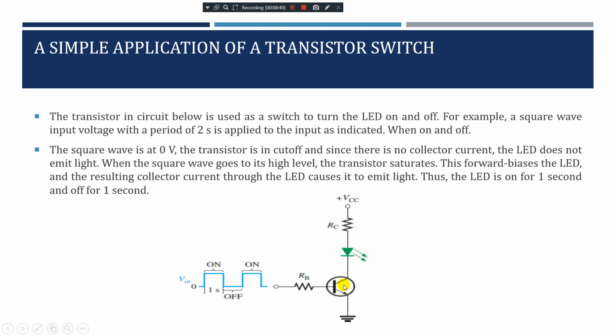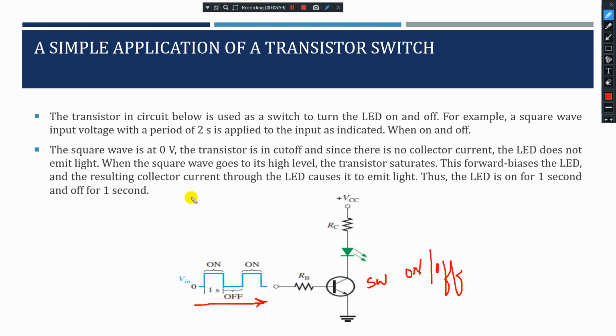It should work as a switch, either in on condition or off condition, for my LED to be on and off. So what I am doing here is generating a square wave for the input voltage with a period of 2 seconds, applied to the RB.